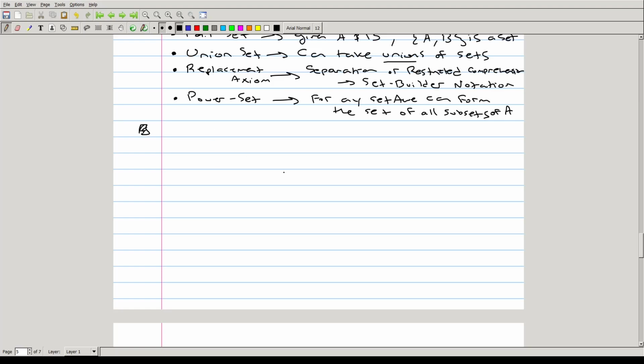And then the last two axioms are further existence and construction axioms that are newer and more advanced than the others.